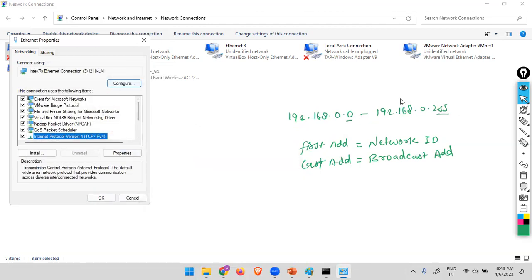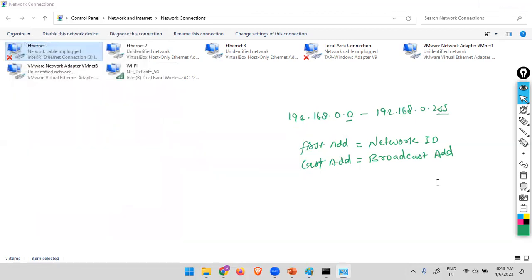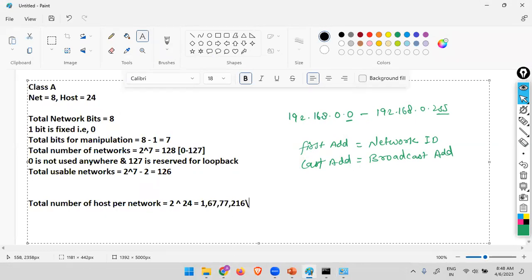So in total how many IPs are there? 0 to 255, 256. Again 2 we cannot use. So how many can we use? 254. The first address and the last address are reserved.